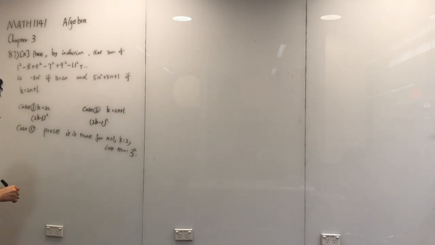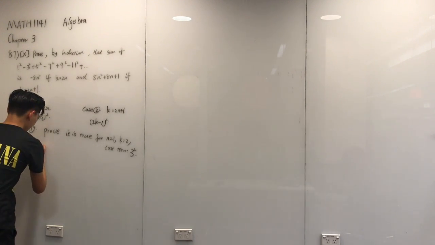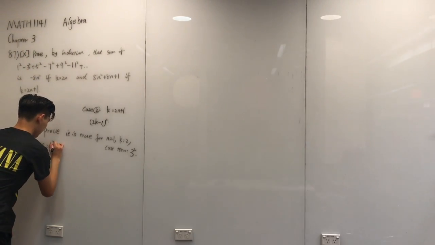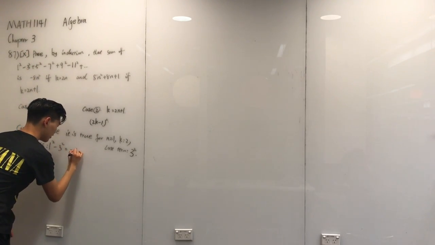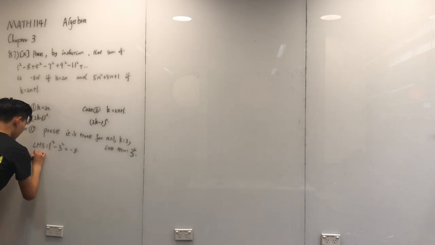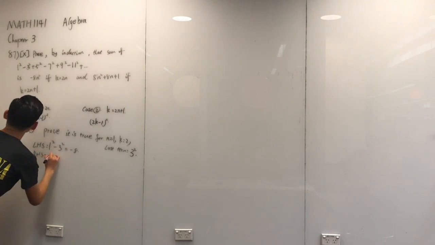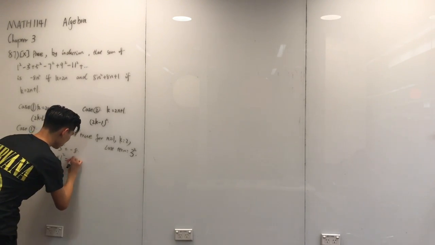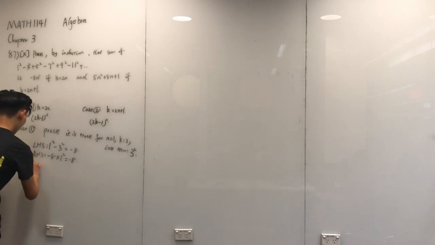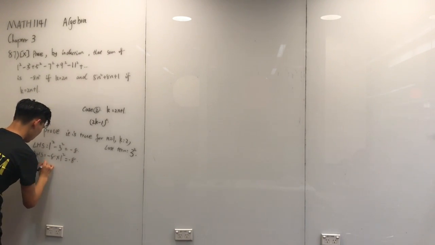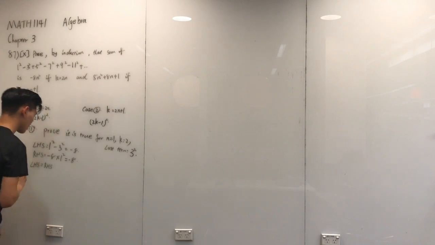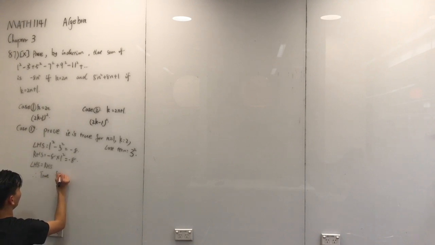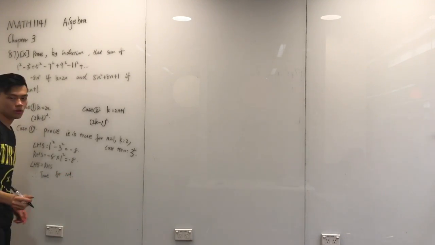And so the left hand side will be 1 squared minus 3 squared, which is negative 8, right? And the right hand side will be negative 8 multiplied by 1 squared, which is negative 8 too. So the left hand side equals the right hand side. So it is true for n equals 1, right?